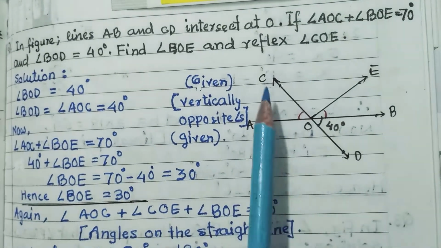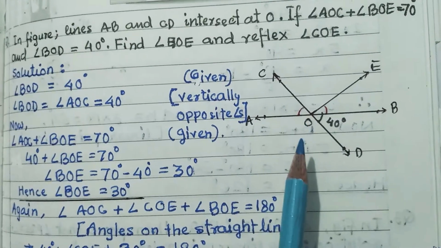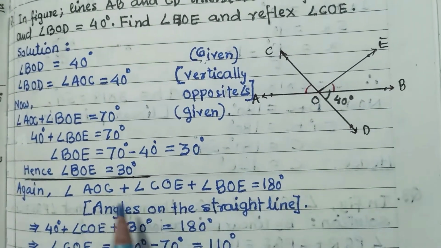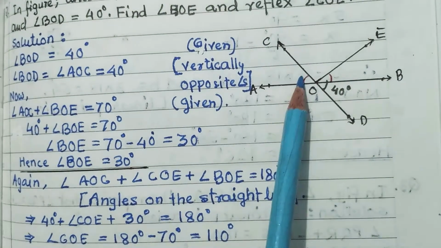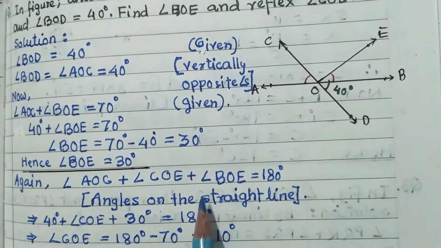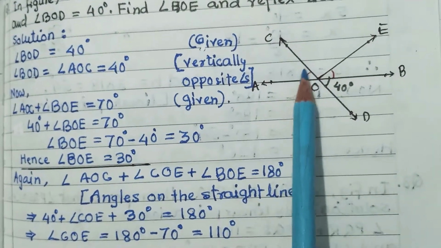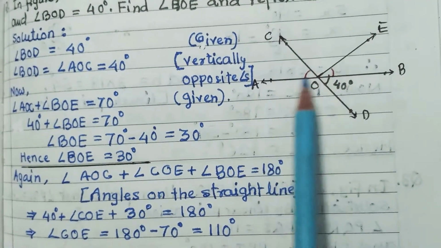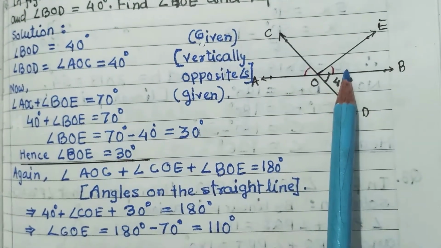Now reflex COE. First we have to find COE. AOC plus COE plus BOE, these three together form a straight line, so they are 180 degrees.